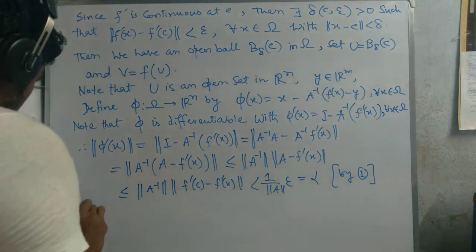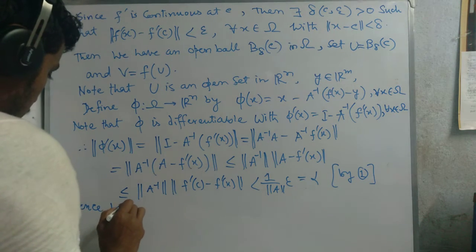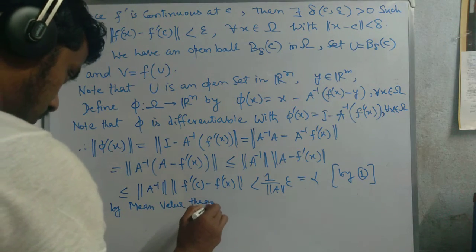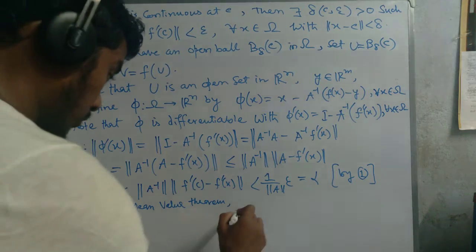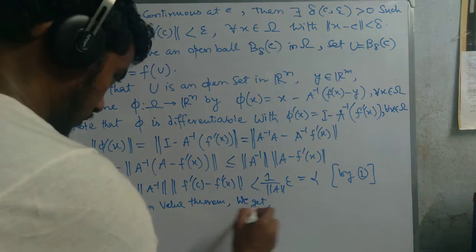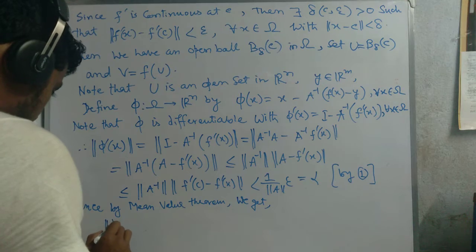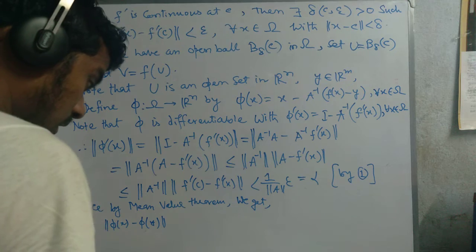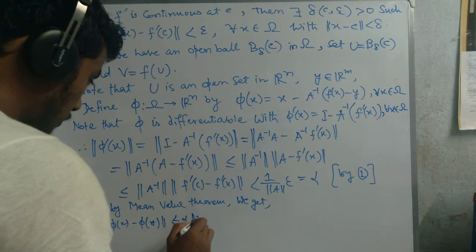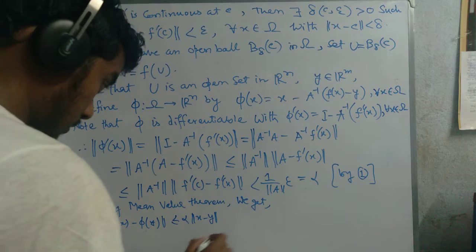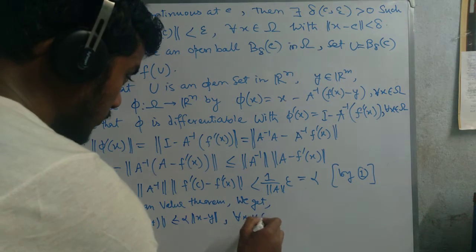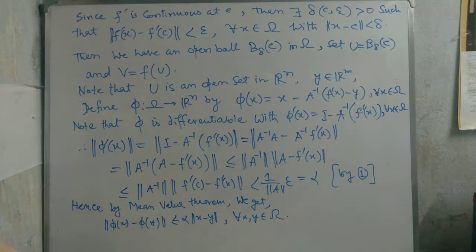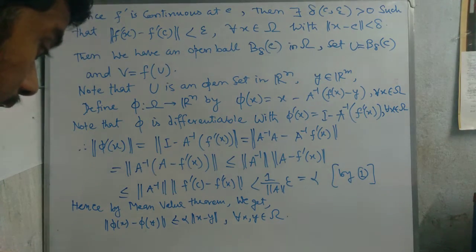Hence by the mean value theorem, we get the norm of phi(x) minus phi(y) less than or equal to alpha times the norm of x minus y for all x, y belonging to Omega.